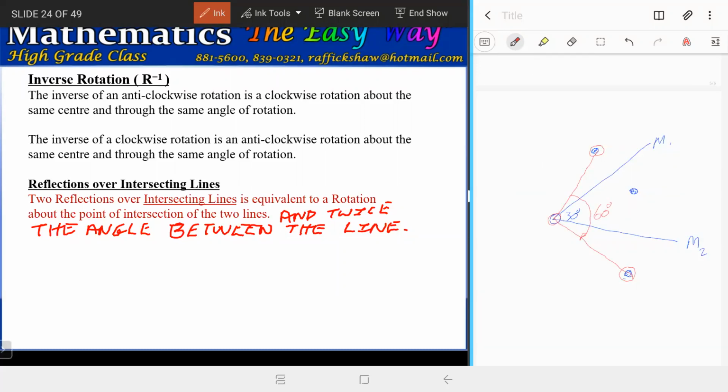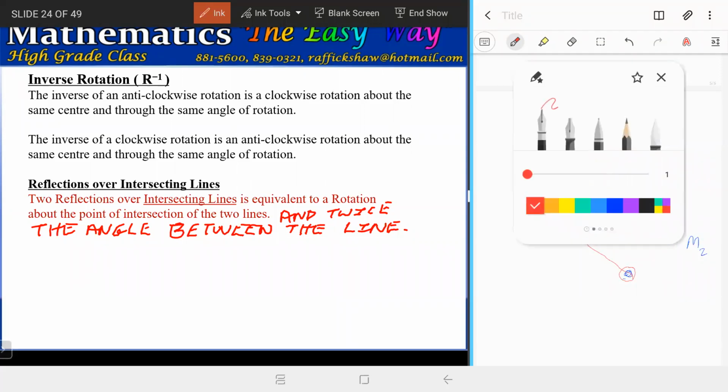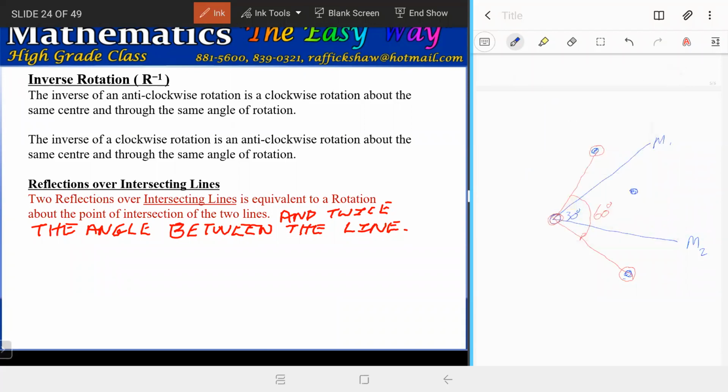Two reflections over two intersecting mirror lines is equivalent to one rotation. The center of the rotation is at the point of intersection of the two lines, and the angle of the rotation is twice the angle between the two mirror lines.